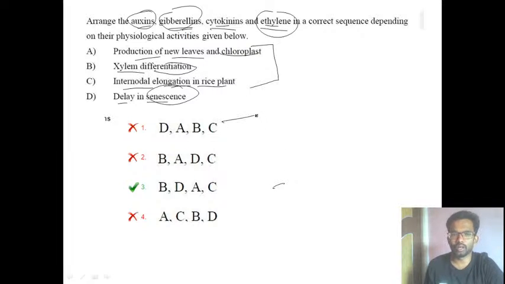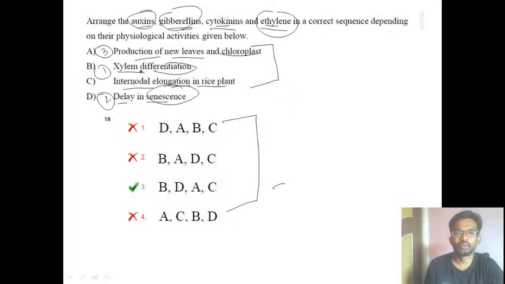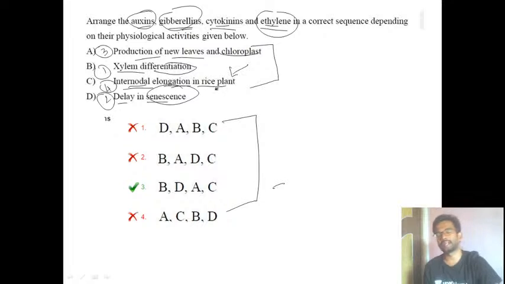So how will you organize them? First option, xylem differentiation, followed by delay in senescence, followed by production of new leaves and chloroplast, and then internodal elongation in rice plant.